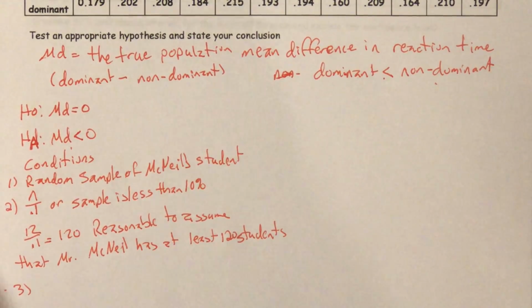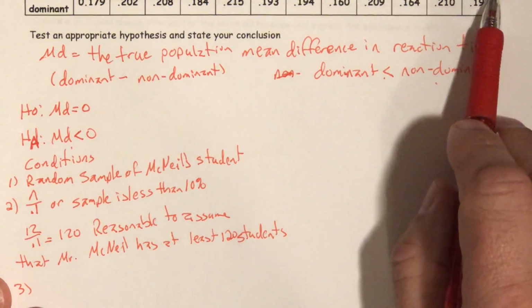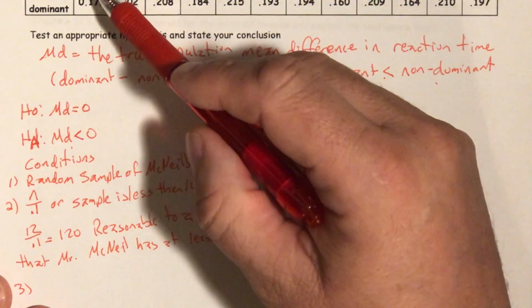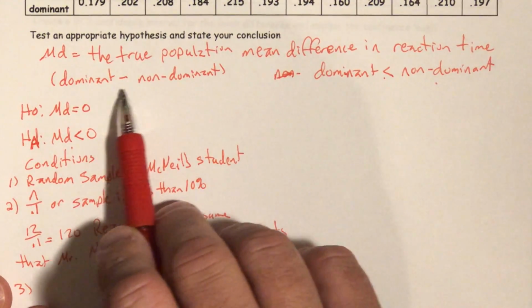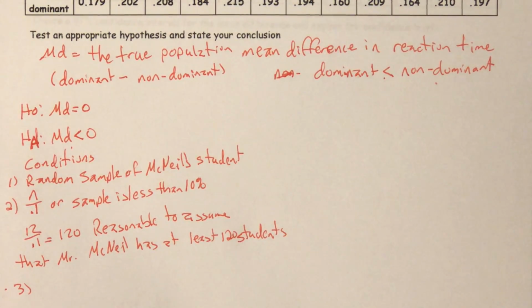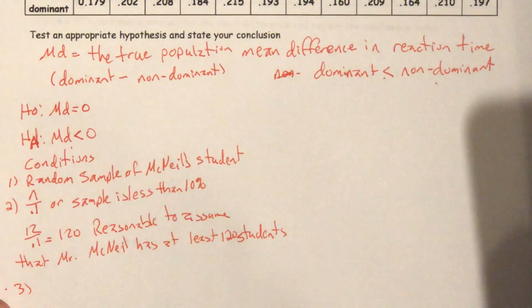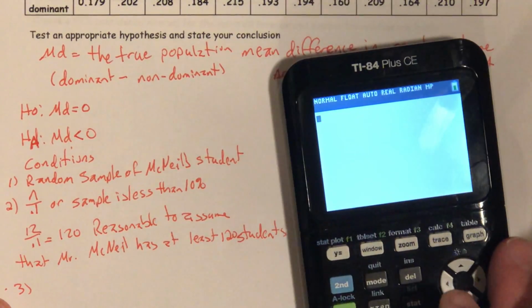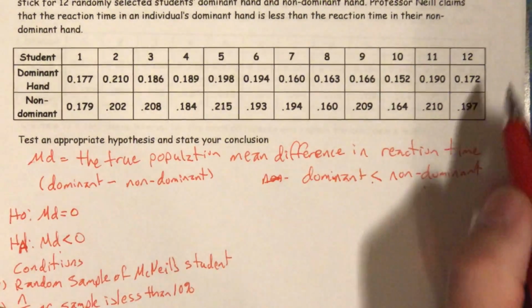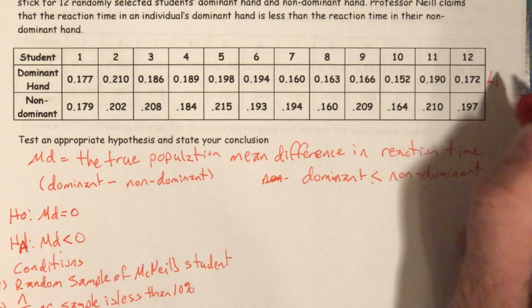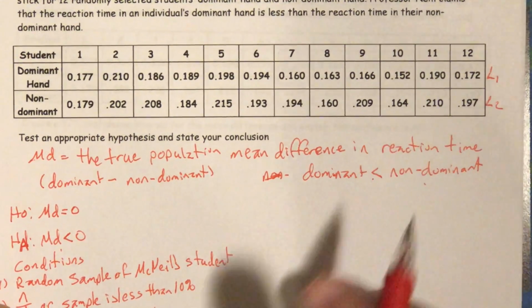I'm not actually concerned about whether the dominant hand is normal or the non-dominant, but whether the differences between the two, dominant minus non-dominant, are normal. So I need to enter the dominant hand into L1 and the non-dominant into L2.